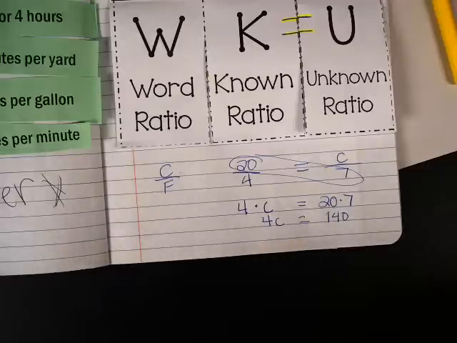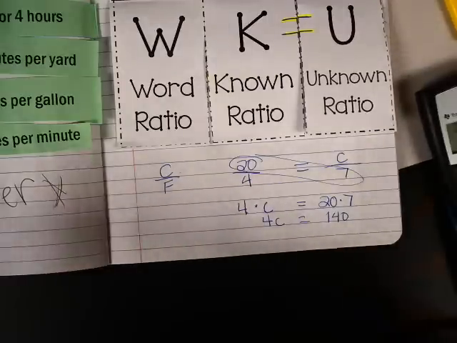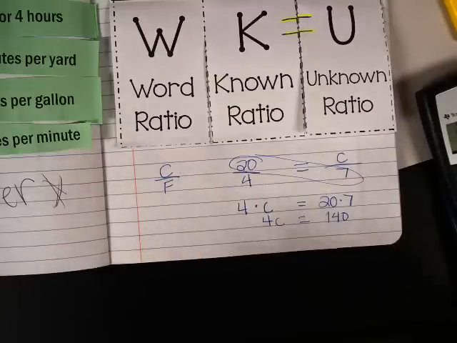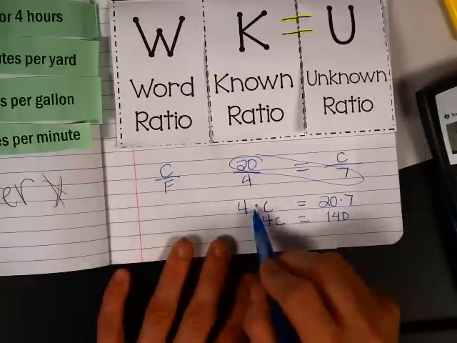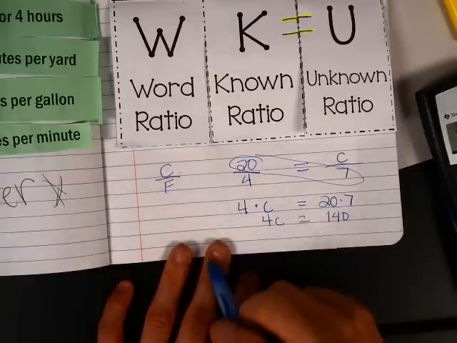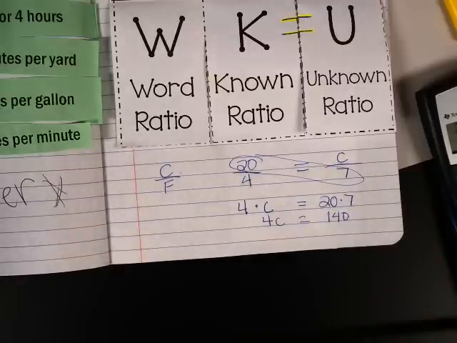Now, we haven't talked about this a whole lot, but we have talked about 4 times what when we were trying to simplify fractions. So that's what you have to kind of ask yourself. 4 times what could equal 140? Well, I don't know, but I know the opposite of multiplication is division. And I've often told you, when you can't figure it out, do the opposite operation.